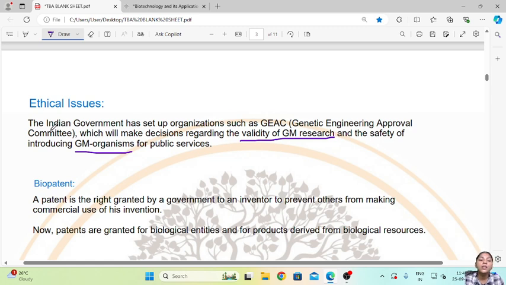So the Indian government has set up the Genetic Engineering Approval Committee, which will decide whether genetically modified organisms are valid to be introduced for public services.